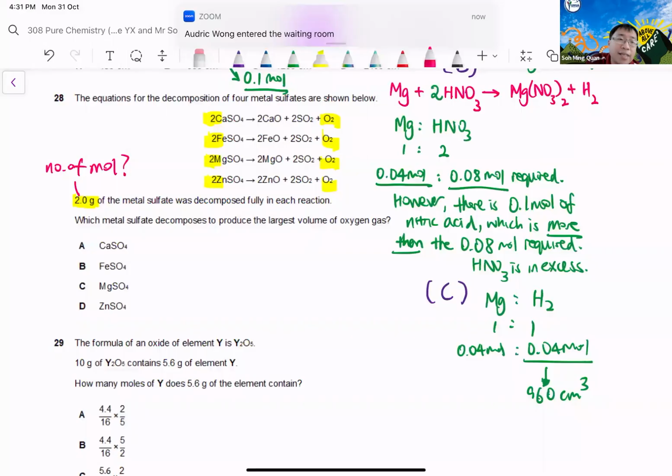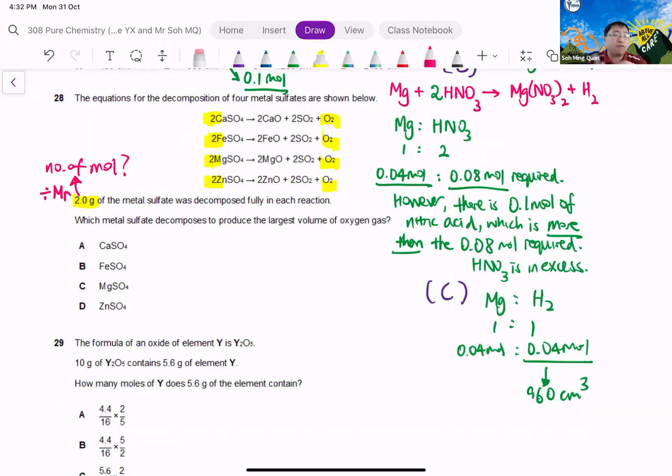All right, obviously, this has to do with number of moles. How many moles is 2 grams? That will depend on the MR of the metal sulfate, because to convert to number of moles, I need to divide by MR. So if the MR is very small, my 2 grams is many moles, big moles.